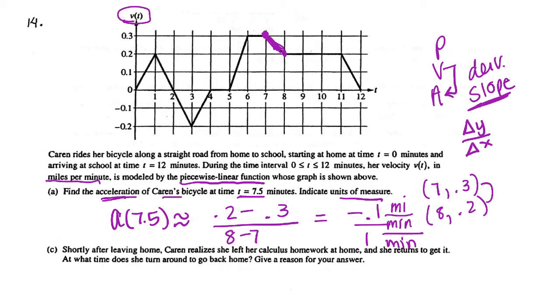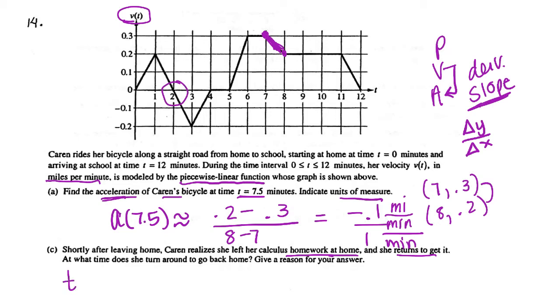All right, so now for part C. Shortly after leaving home, Karen realizes she left her calculus homework at home. What a great kid. She turns around and goes and gets it. I'm so proud of Karen. At what time does she turn around and go back home? So we know we are changing directions, and we're going to change directions here at time t equals 2.